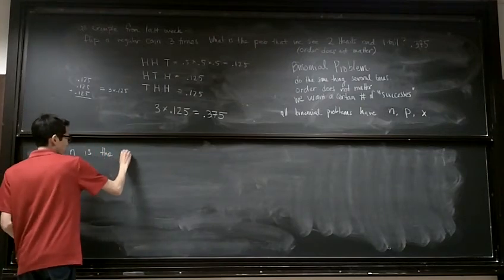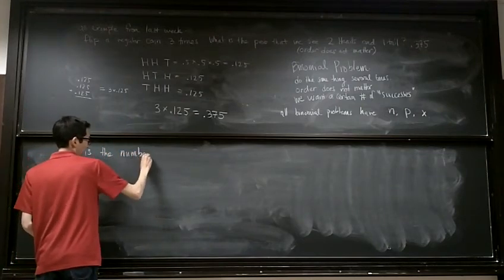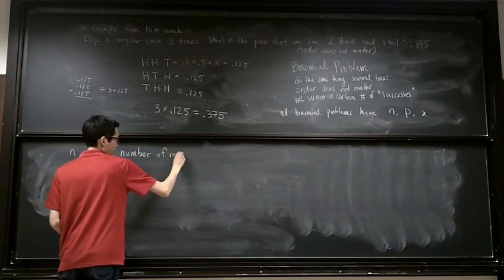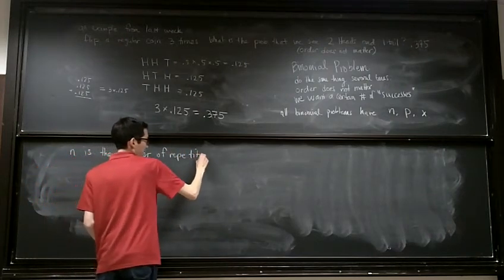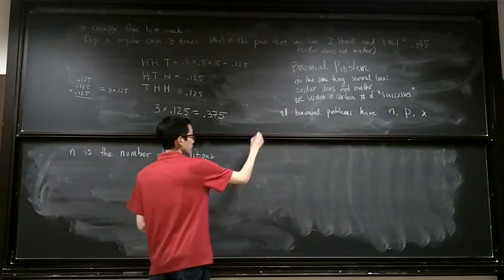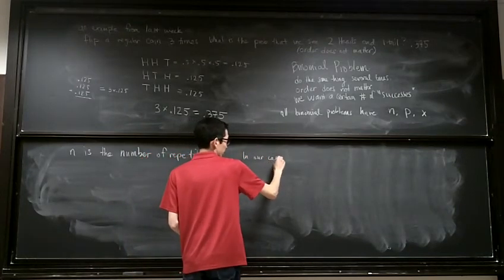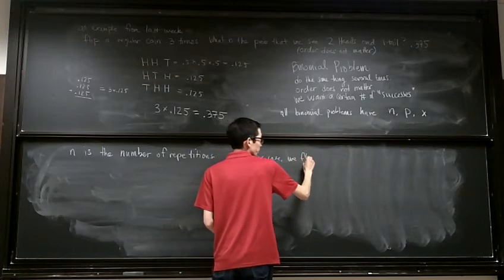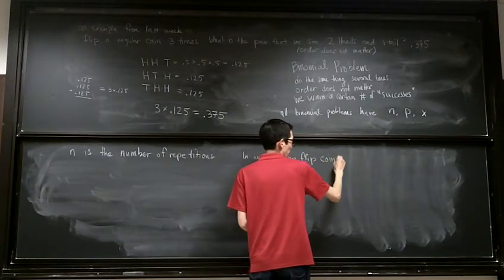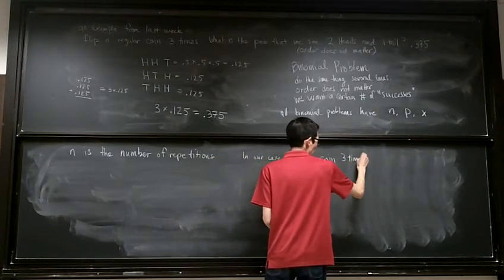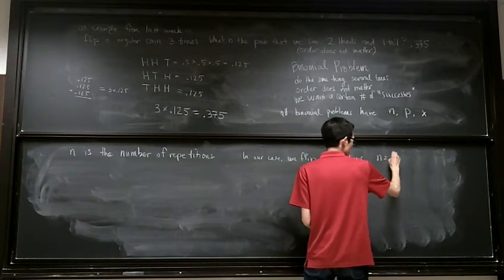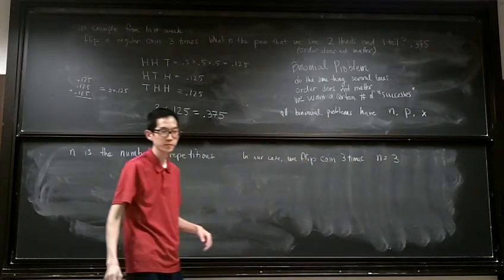Here in our example, we flip a coin 3 times. N is then 3.